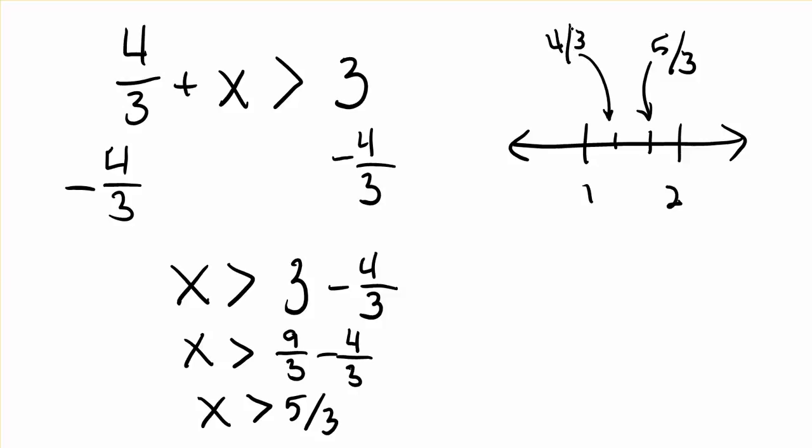And we want to be greater than 5/3, but not equal to. If it's equal to, we shade in the circle. If it's greater than or less than only, we're going to have an open circle and shade to the right. So in this case, we would draw a circle at 5/3, which is somewhere between 1 and 2, but closer to 2, and then shading in the direction of the inequality, the arrow pointing to the right, we're going to shade everything to the right.